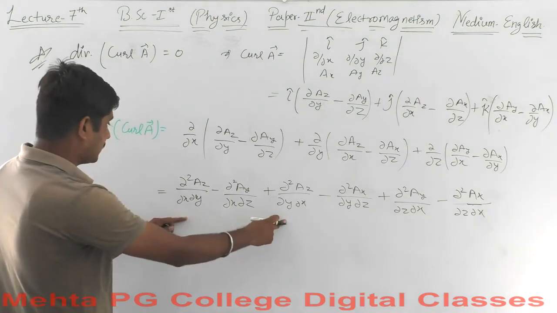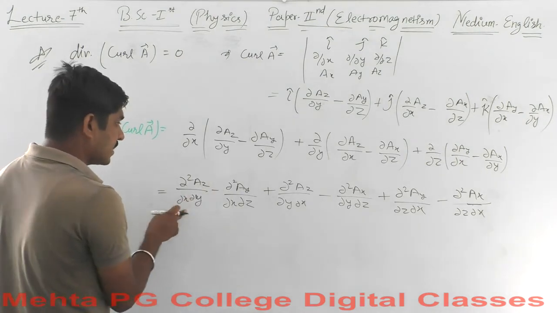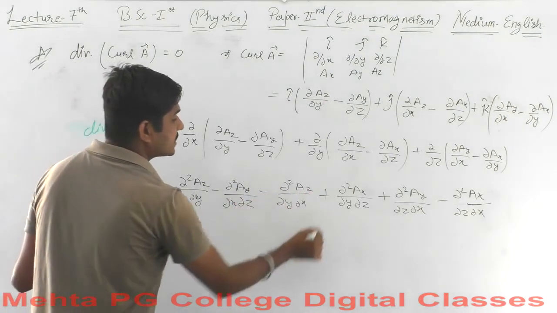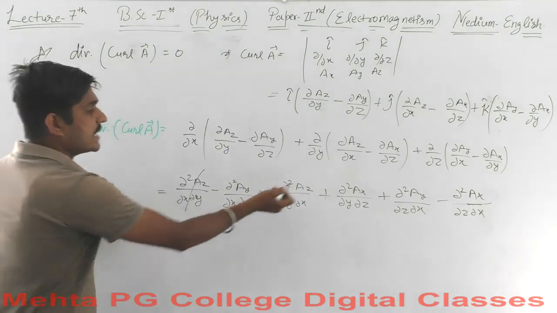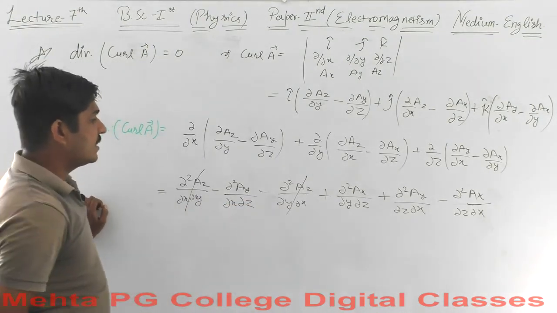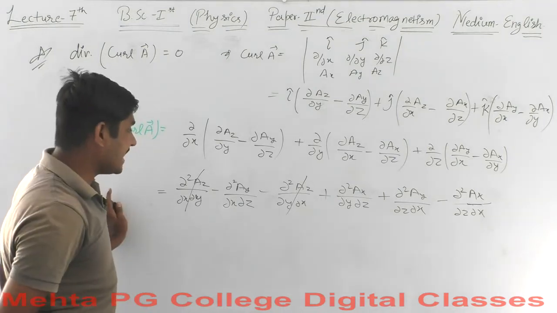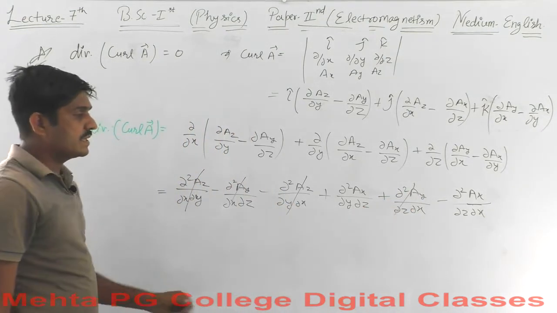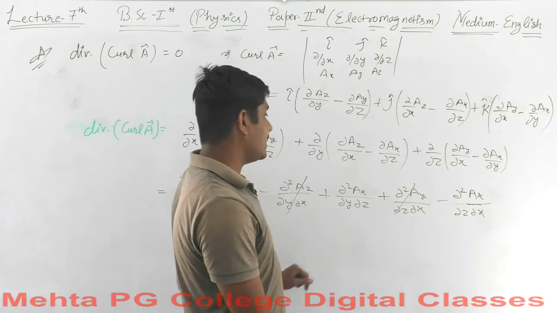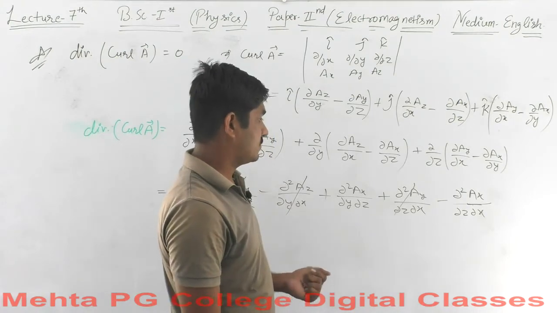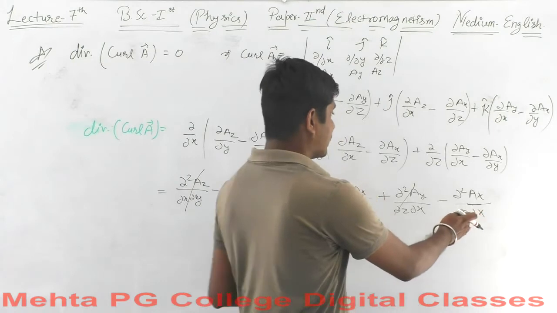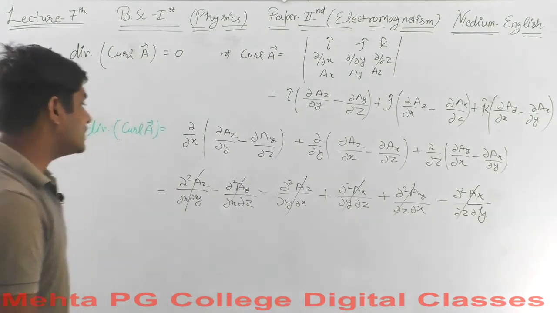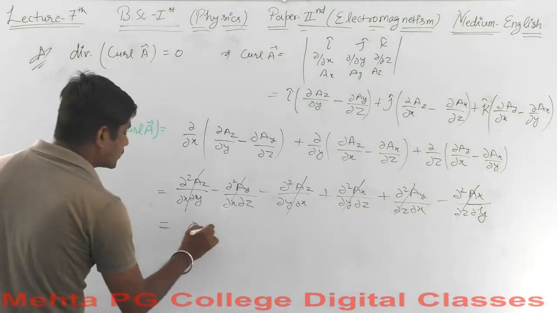Here it is, ∂²az/∂x∂y. This must be written in opposite order, say. This is cancelled by this quantity, ∂²ay/∂x∂z. This has been cancelled with this quantity, and the remaining ones cancel each other. This should not be x, but it should be y here. These two again cancel, so this will again approach 0.